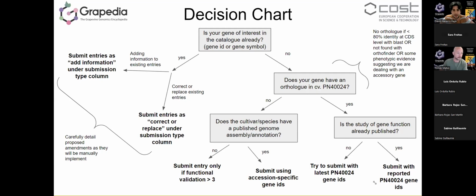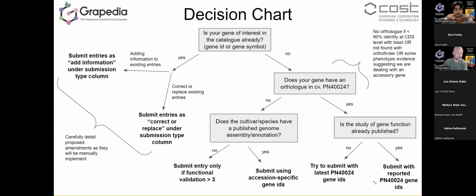If it is missing, then you need to ask yourself if the gene from the cultivar that you're working in has an ortholog in PN4024, which in most cases the answer will be yes. And in those cases, you need to question if the study of the gene function is already published.